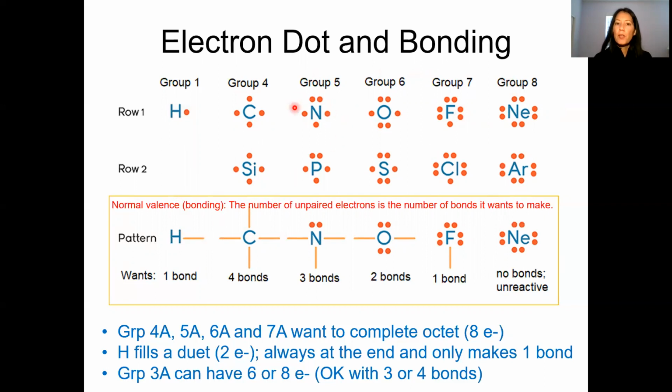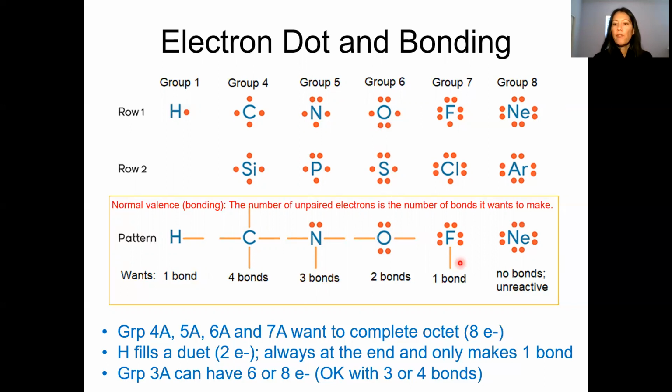Group 5, when you put the 5 electrons around, and the max you can have is 2 on each side, we call that a lone pair or non-bonding pair. You can see that group 5, nitrogen, phosphorus, arsenic, if we keep going, has 3 unpaired electrons, so it wants to form 3 bonds. Go to oxygen's group 6, sulfur, selenium, 2 unpaired electrons, it wants to form 2 bonds.